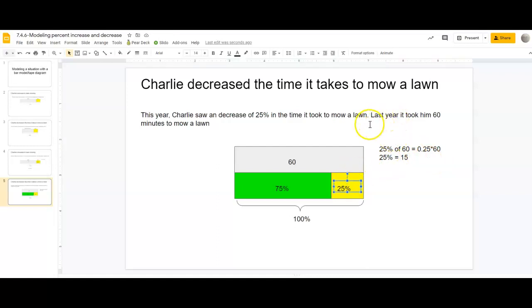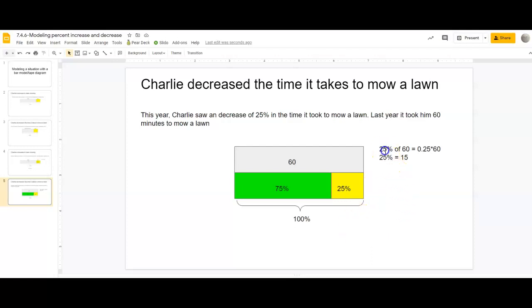So the question isn't even posed. I could ask you a question that says, how many minutes less is it taking him? And the answer is 15. I could ask a question that says, how many minutes is it now taking him to finish a lawn? Well, that's going to be something different, right?